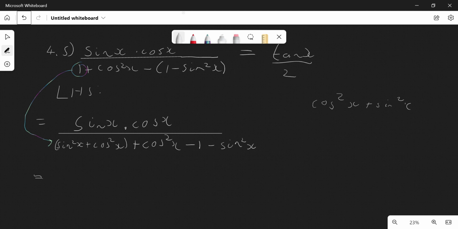All right, looking at our sum, that sine squared x is going to cancel out with that, and then we're going to get 2 cos squared x minus 1. All right, cos squared x, 1 plus 1 minus, all right, that's over this.